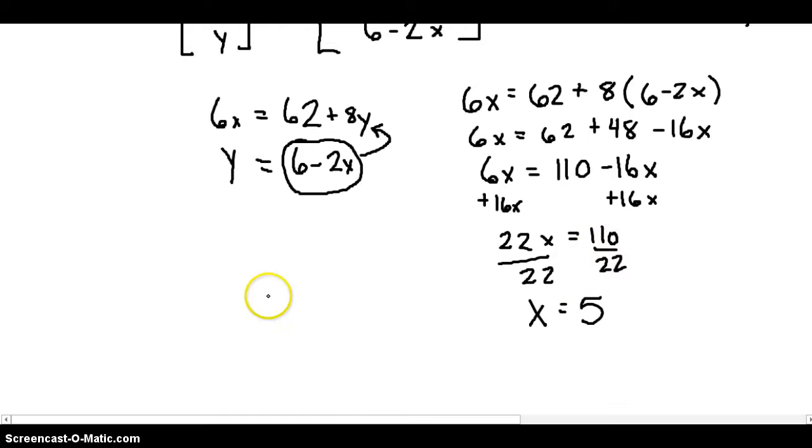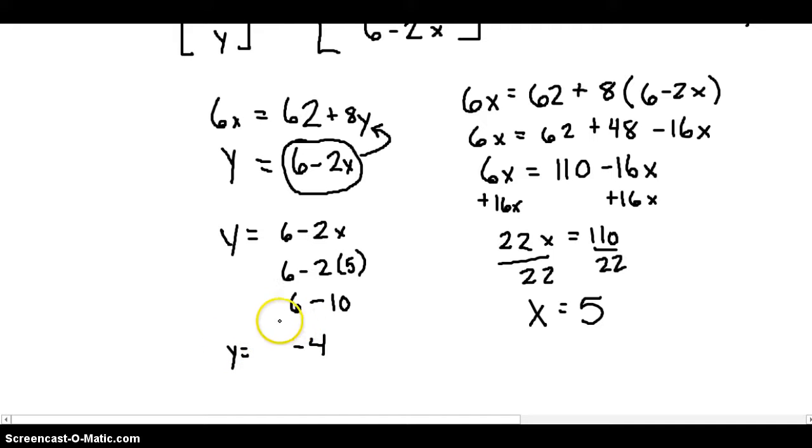So once I know x, I can just simply find y by saying y is equal to 6 minus 2x, or 6 minus 2 times 5, or 6 minus 10, or y is equal to -4. So I have a point at 5, -4 for my final answer.